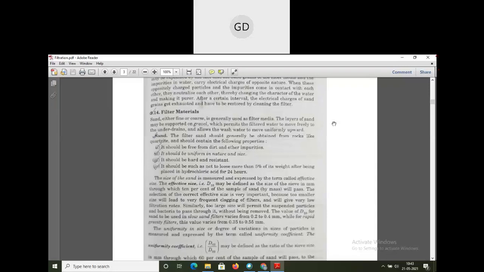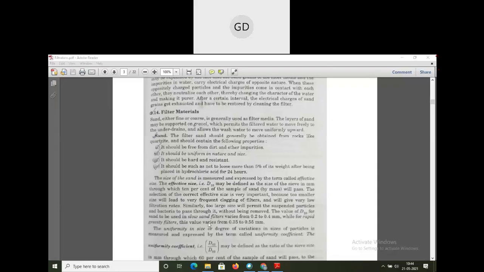So choosing the effective size of the sand is a very important thing. What is the effective size of the sand? In a slow sand filter, it should vary from 0.2 to 0.4 millimeter, and for rapid gravity filters, it should vary from 0.35 to 0.55 millimeter.